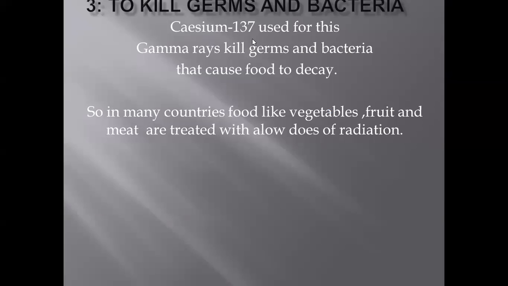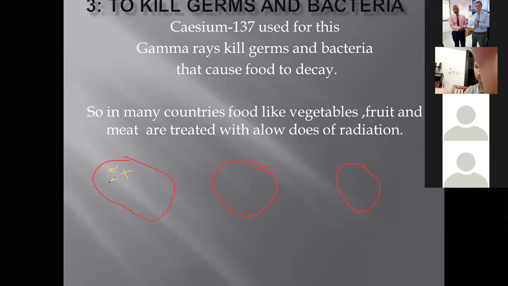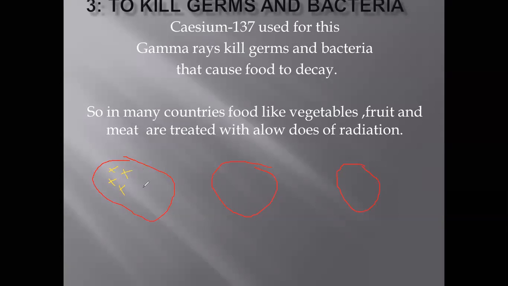Now I need to draw something here. If I have here a nucleus, and here a nucleus, and here another nucleus. This is A. This is B. Attention with me, please. In B, I have like that.